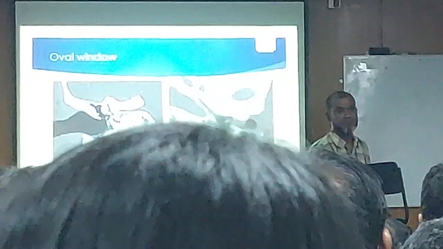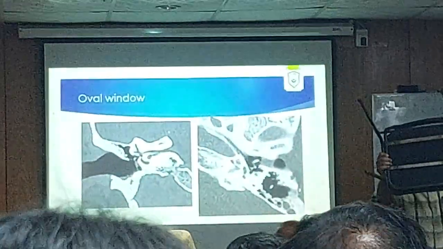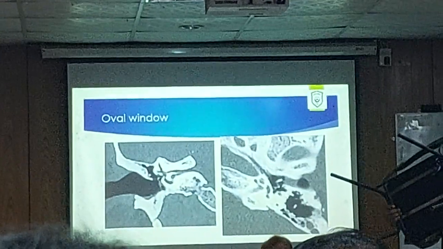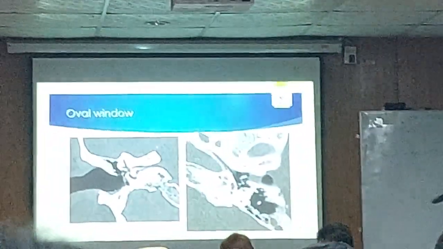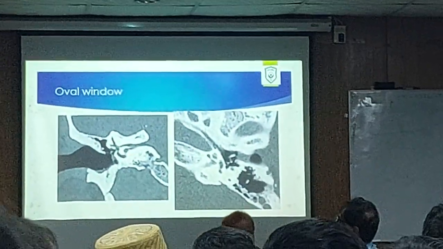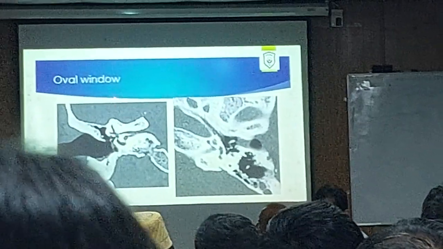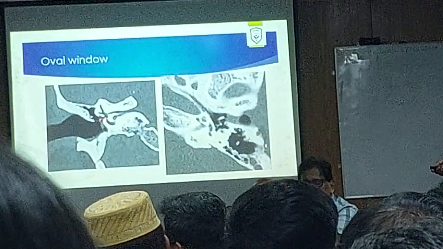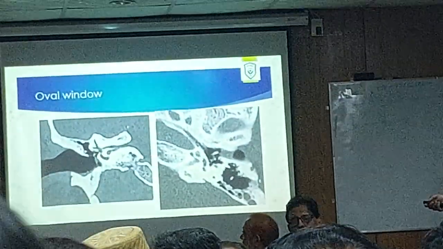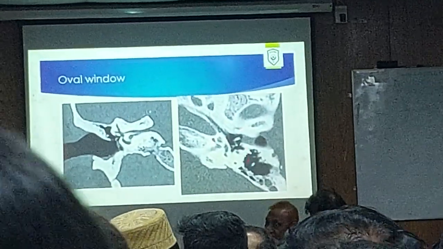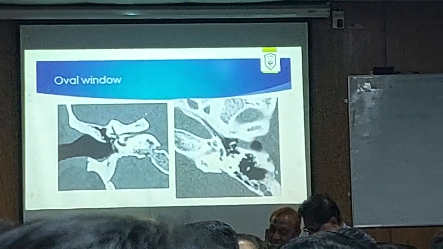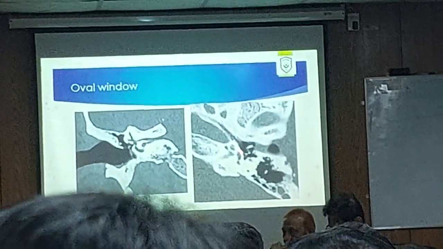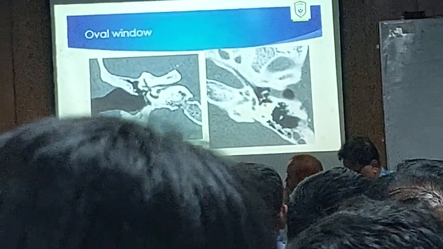Oval window area. Mostly in the axial view, the oval window or footplate of the stapes can be seen very easily, but in the coronal section we can only see the oval window shadow.